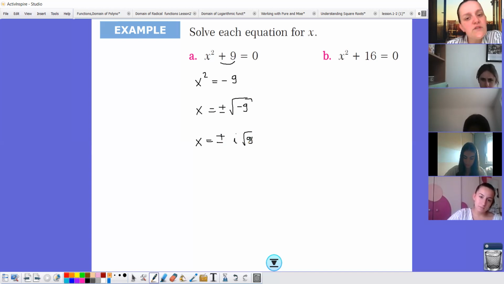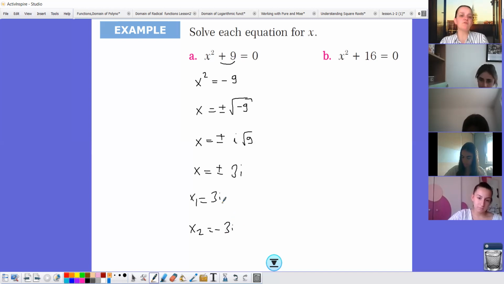What is root of 9? 3. So our solution will be i times 3, or 3i. You can write them separately like x1 is 3i, x2 is minus 3i, because in quadratics, second degree equations, we always have two solutions.